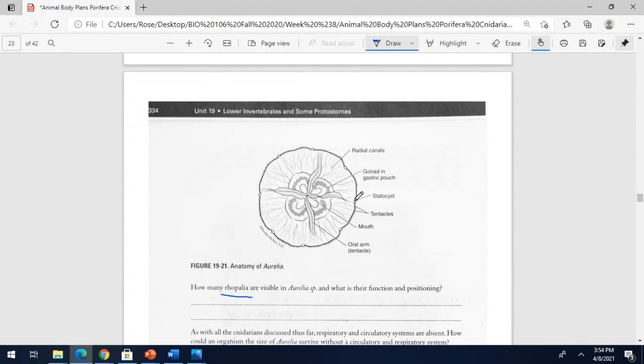Wait, let me put the dots. 2, 3. So I'm kind of doing the work for you guys so that you could see it. These are the rhopalium, singular. Rhopalia total is 8, all right? So this is found here on the rim.